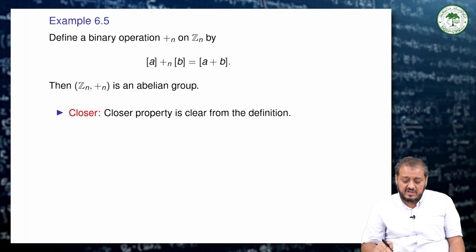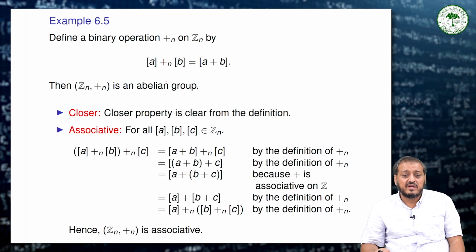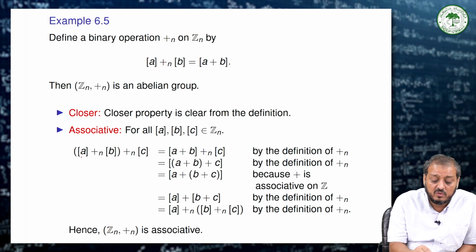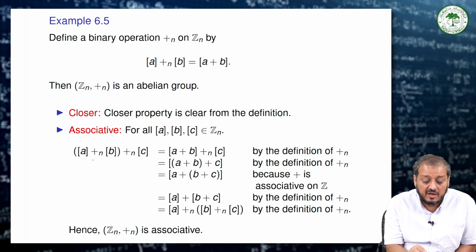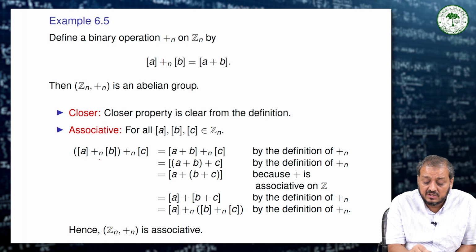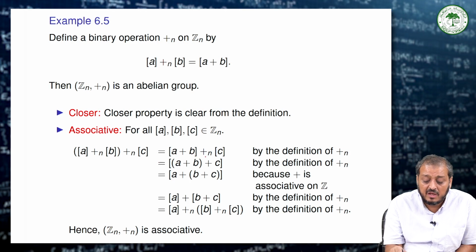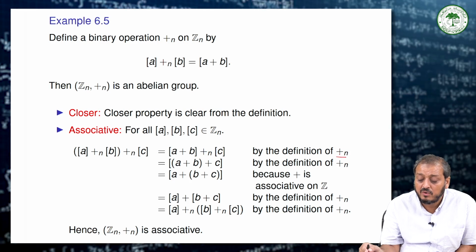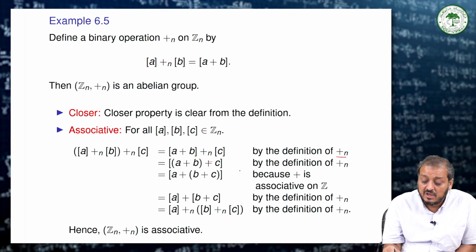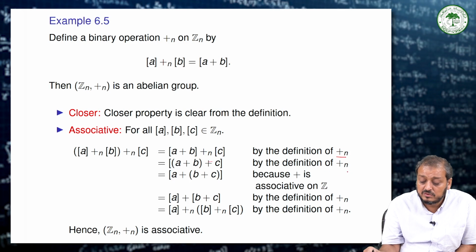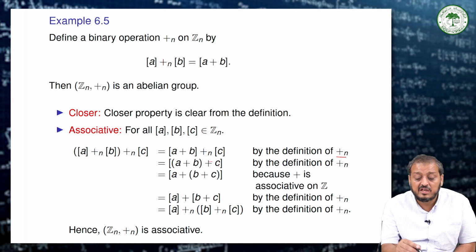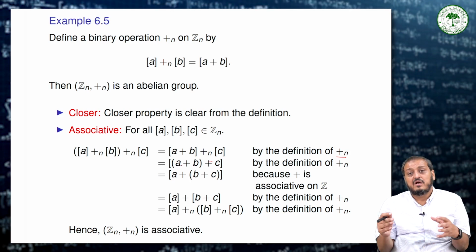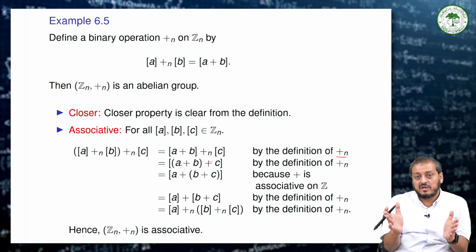Now for associativity we have to try something very simple. We take three elements a, b, c belonging to Zn. We try a plus b plus c, and applying the definition of addition modulo n, we can write it as a plus b modulo n, and then again apply the modulus. These a, b, c are elements of Z, so they are integers, and integers under addition are associative.